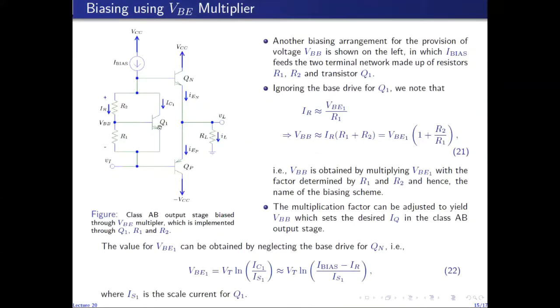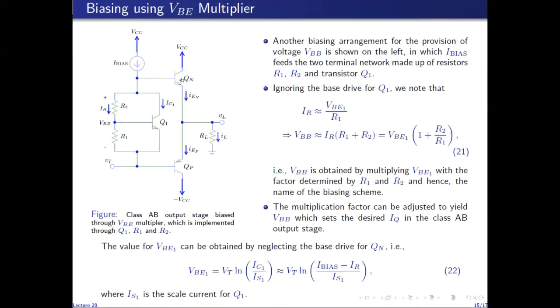If Q1 is in close thermal vicinity of the output devices, then, assuming that the collector current is constant, its VBE will decrease with the increase in temperature. So when the base to emitter voltage decreases, VBB will decrease.